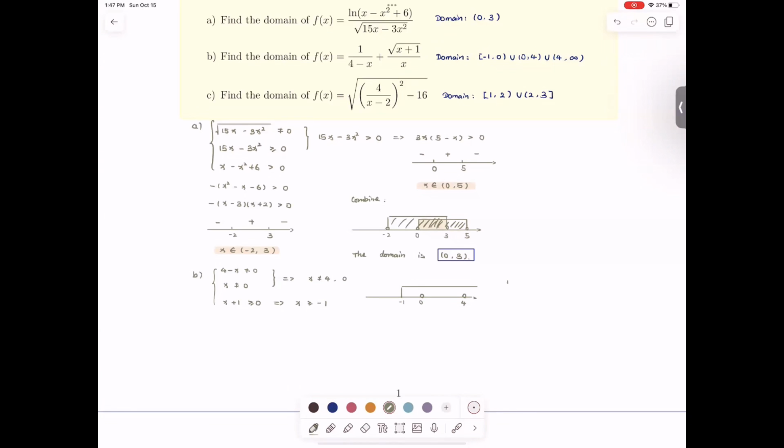So domain is -1 to 0, we want to include -1, to 0, union 0 to 4, union 4 to infinity. Make sense? Is this clear?